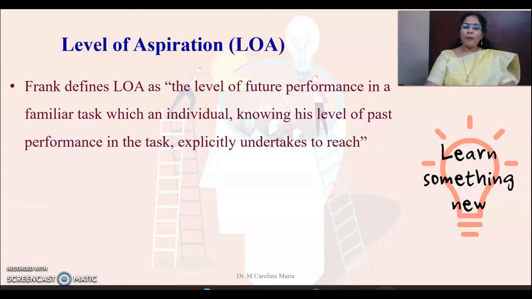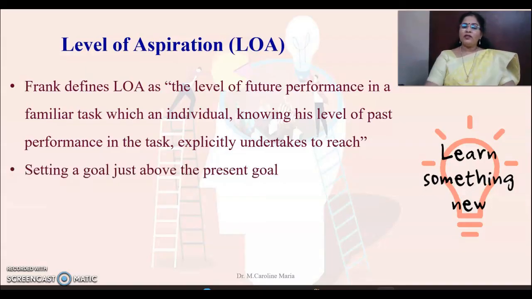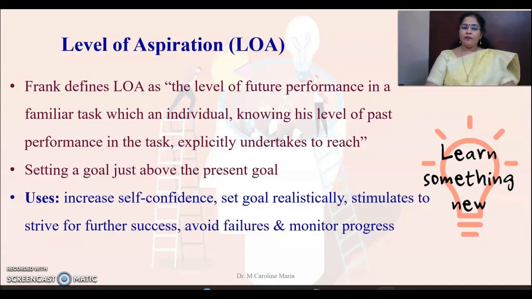Going suddenly from 8 o'clock to 6 o'clock would be a very great challenge for you. So setting a goal just above the present level is what is expected with regard to level of aspiration.